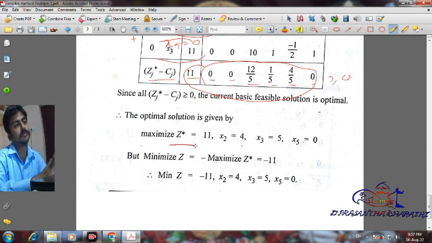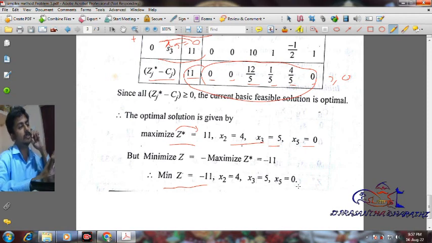So we know that maximize of Z star can be written as minimize Z of minus 11. So minimize Z equal to minus 11, X2 equal to 4 and X3 equal to 5 and again X5 equal to 0. So the problem comes to an end here.